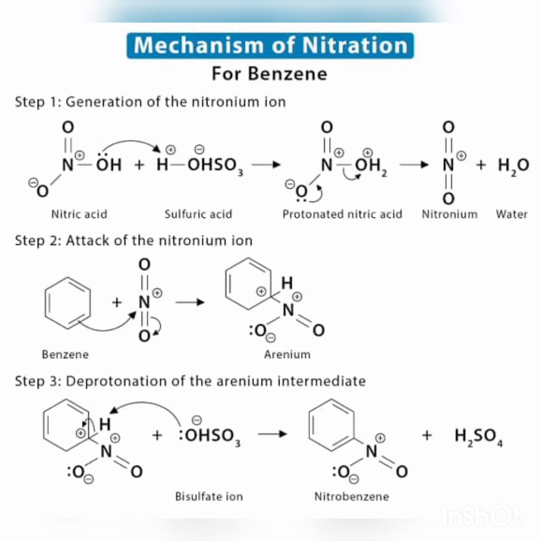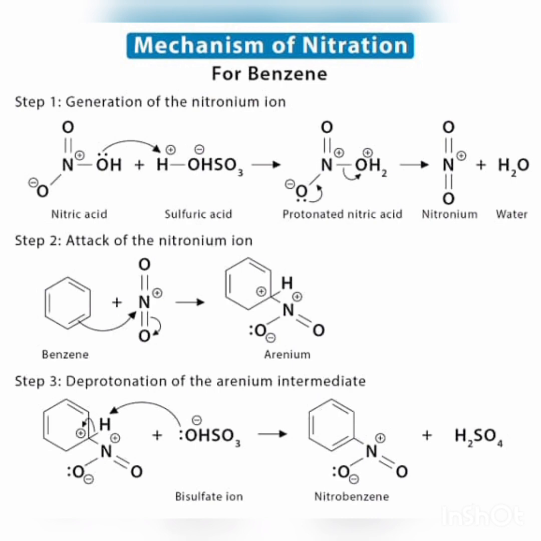Br2 will be added to the FeBr3 to give the activated Lewis acid complex, that is Br delta plus, Br, FeBr3 minus. So here the Lewis acid will be activated to give the electrophile.